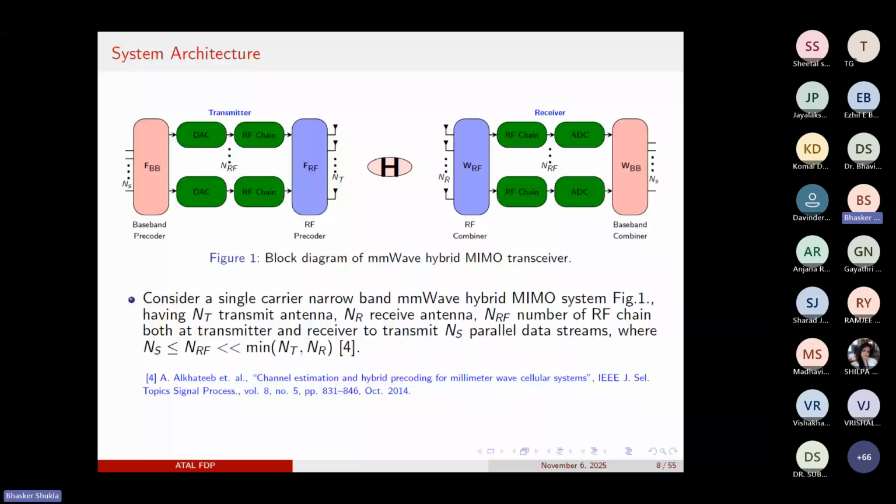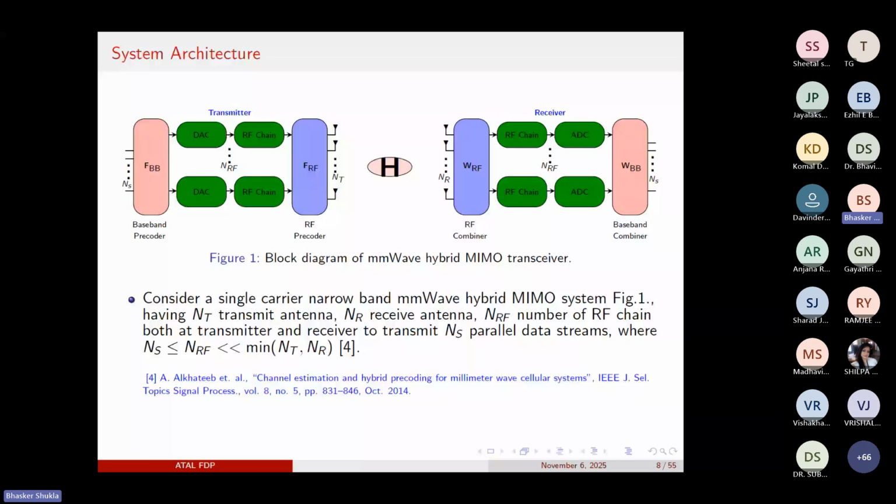So there are many digital to analog converters or analog to digital converters, corresponding to each antenna, and these are power consuming devices. So if we make more RF chains, then it will take a large amount of power.